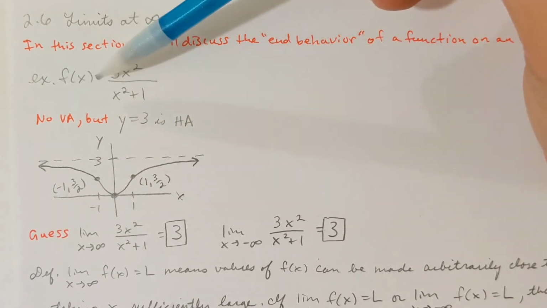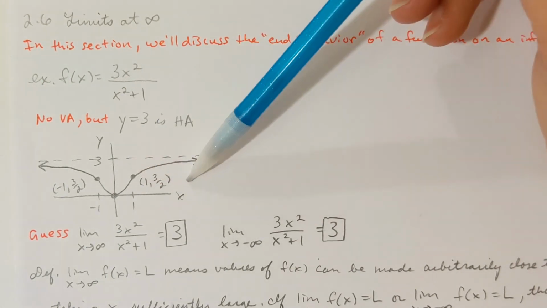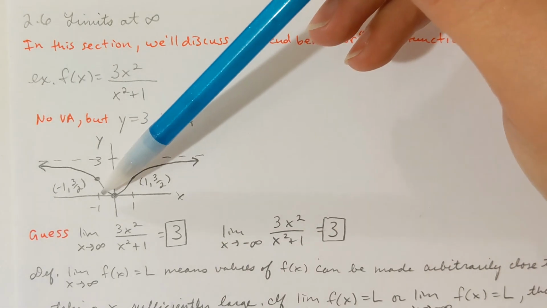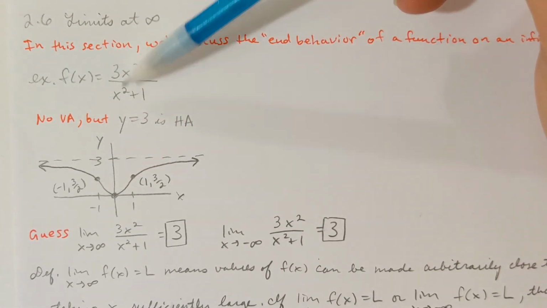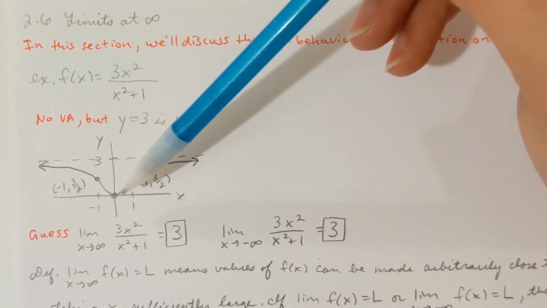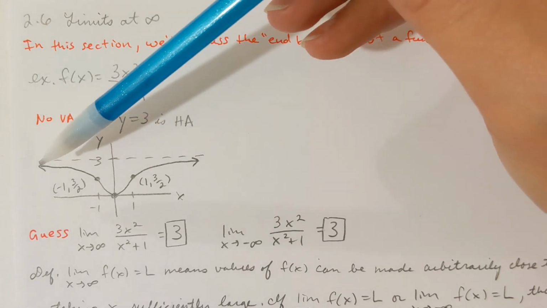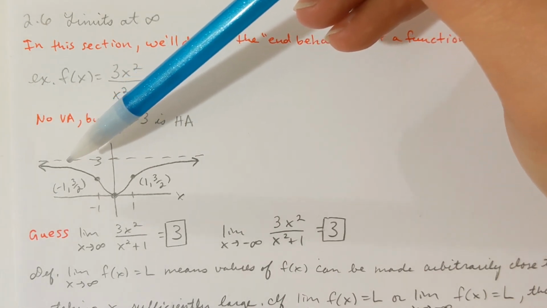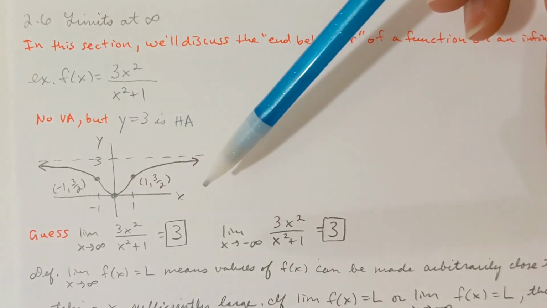If x is 1, 3 over 2 would be 3 halves, here's 1, 3 halves. If x is negative 1, negative 1 squared is 1, so I get 3 halves also. And I've got this asymptote here, so the curve is going to have a kind of bell-shaped look to it, and it's going to be upside down here.